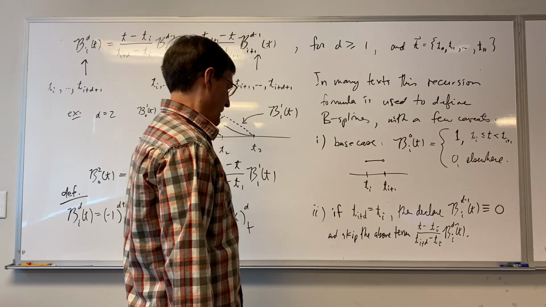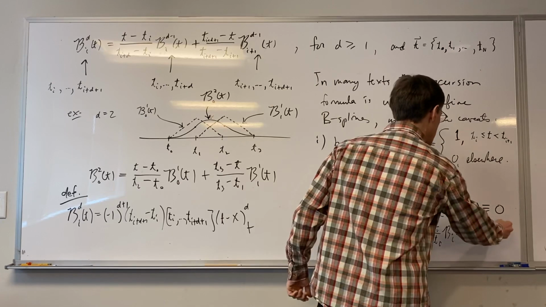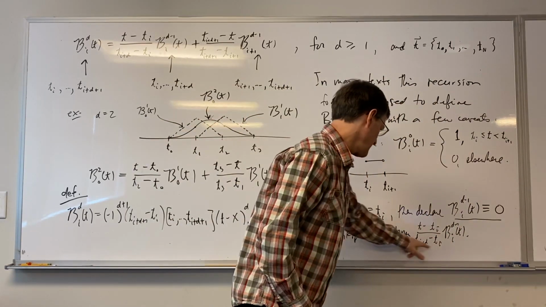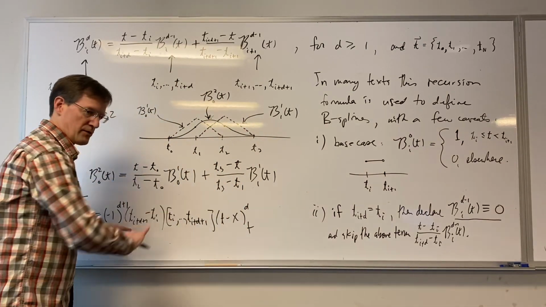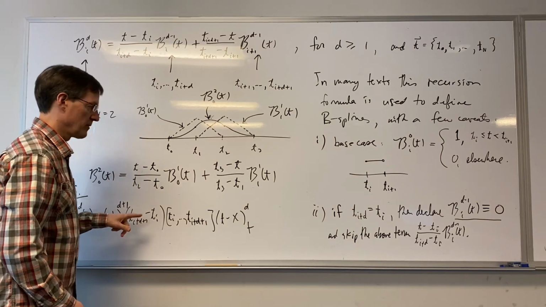And then when we talk about the recursion, this B-spline will in fact be 0. You can see that in the case that t_{i+d} equals t_i, this factor right here already kills off the whole B-spline, and it's actually defined to be 0 there, okay?